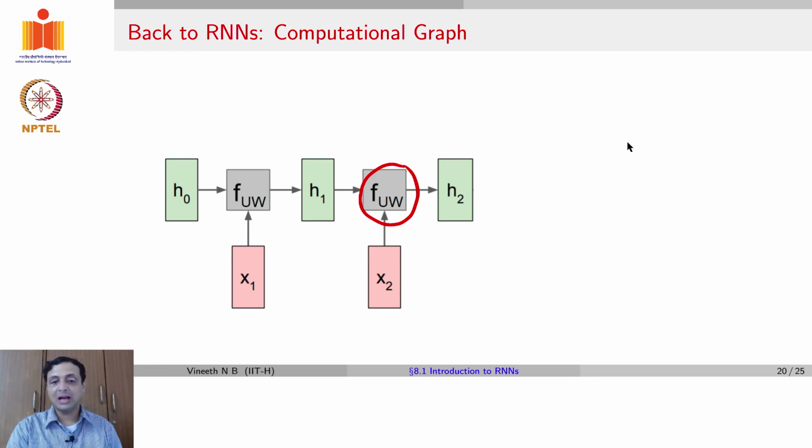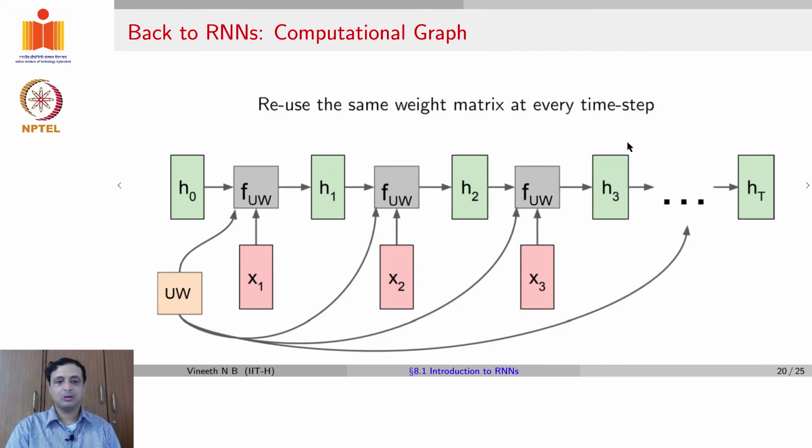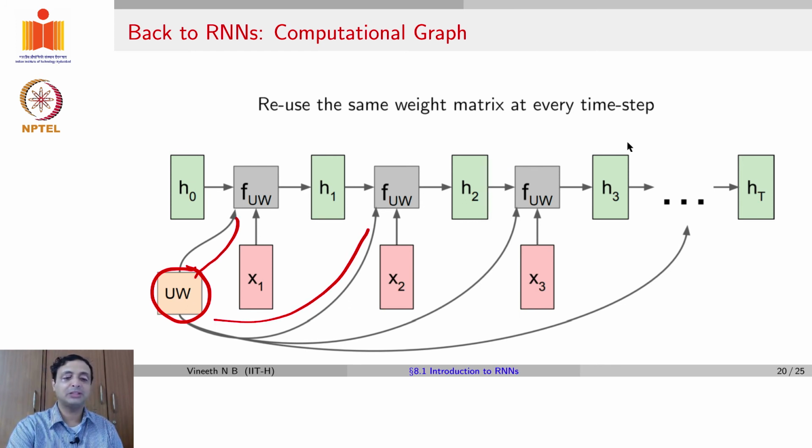Then f_UW at the second time step gives you h2, and this is again recurrently given at the next time step, and so on and so forth until you get the final hidden state at the last time step of this sequence. So from a computational graph perspective, the inputs U, W here, which are the weight matrices, are the same for every time step, and that's what is shown by these arrows that go into f_UW at every time step.